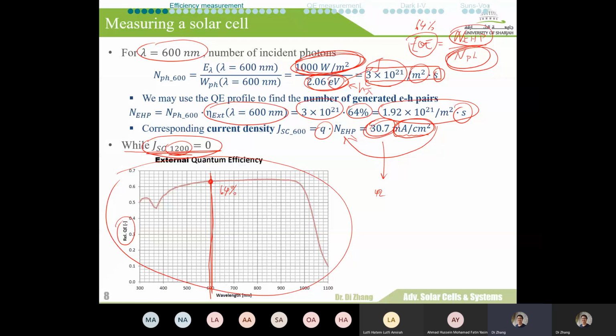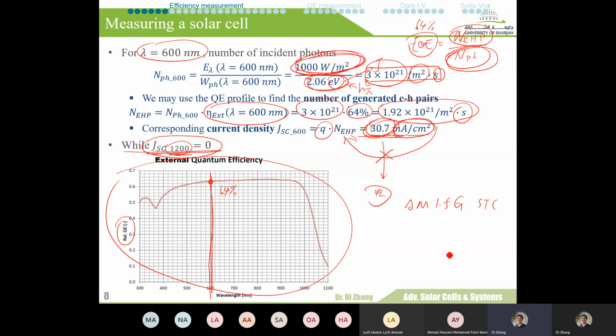But remember, typically we cannot compare directly between the two, because the 30 something current density is measured under a very special spectrum, while the 42 is measured from the AM 1.5 G STC condition. So you cannot compare directly, but at least this will give you an idea about the performance that you are getting from the silicon solar cell.